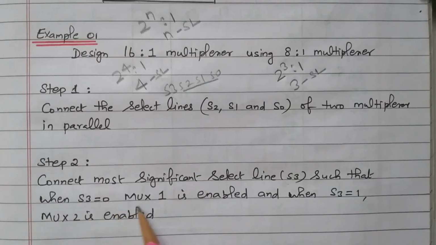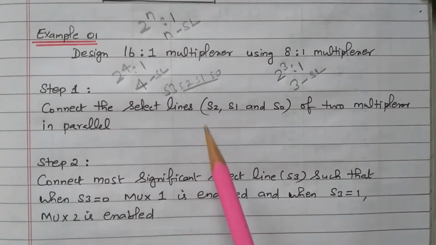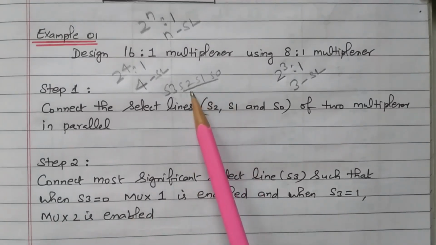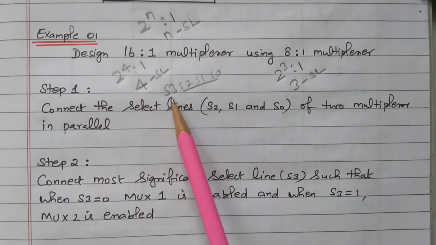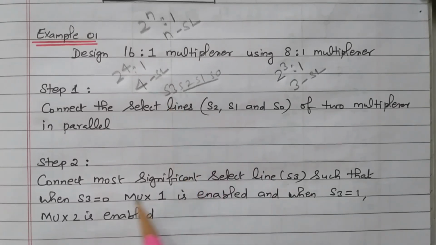S3 equal to 0 means mux 1 will be enabled, S3 equal to 1 means mux 2 will be enabled, right? So the first 3 selection lines are connected in parallel with both the multiplexers. The MSB selection line is used to select mux 1 and mux 2, right?